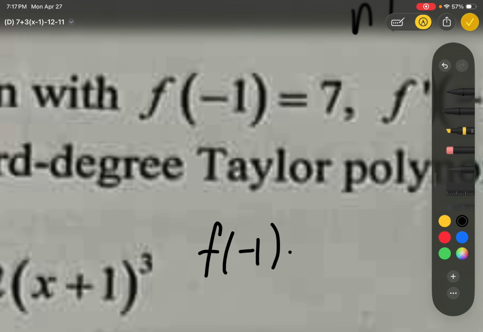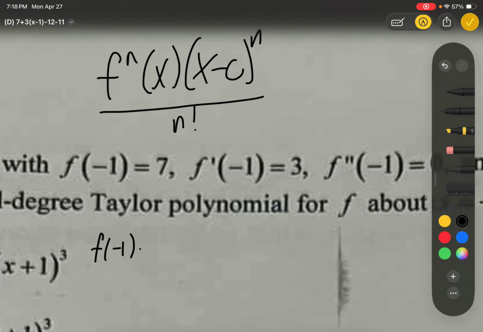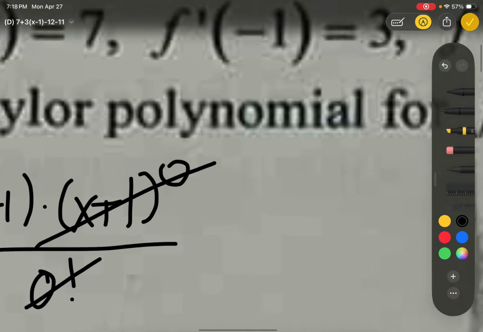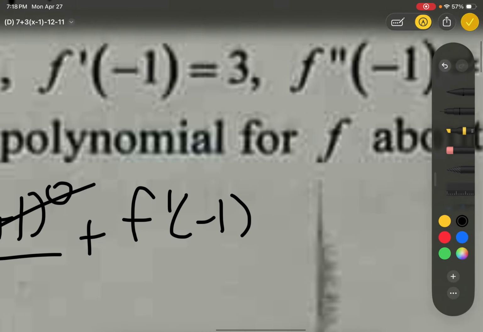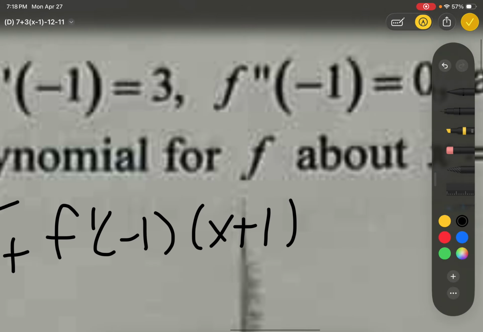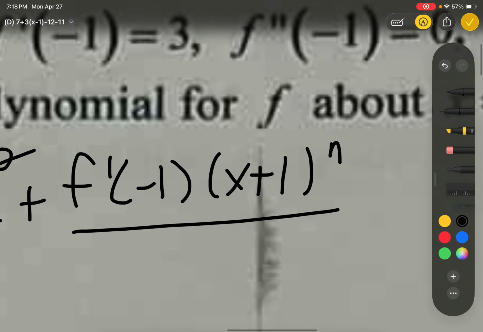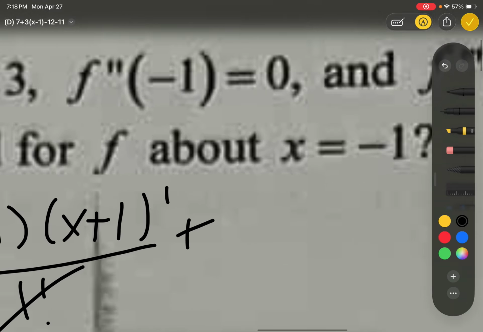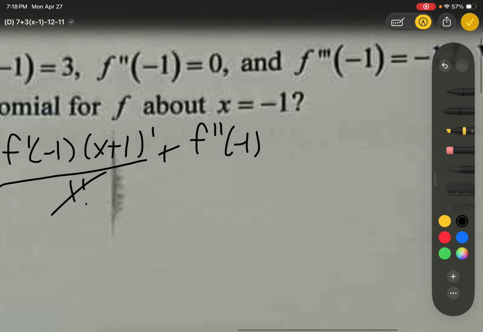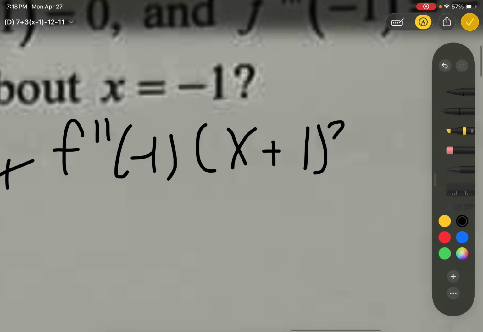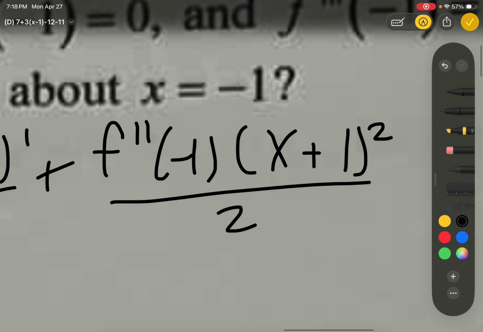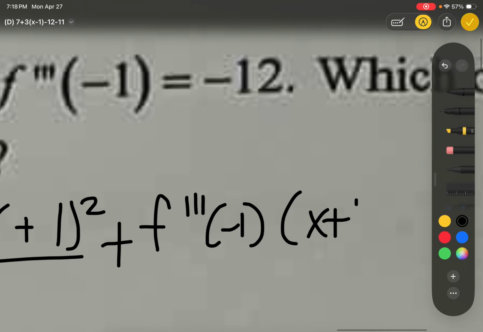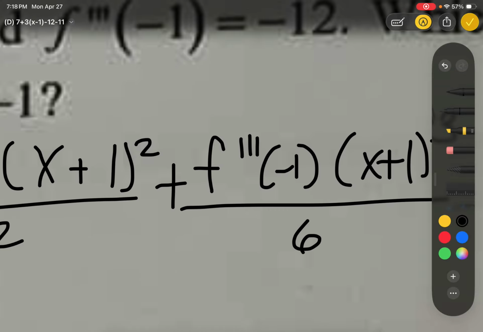So f of -1 times x plus 1 to the 0, which cancels out, over 0 factorial, which is just 1, plus f prime of -1 times x plus 1 over 1 factorial, which does absolutely nothing, plus f double prime of -1 times x plus 1 squared over 2 factorial, which is just 2, plus f triple prime of -1 times x plus 1 cubed over 3 factorial, which is just going to be 6.